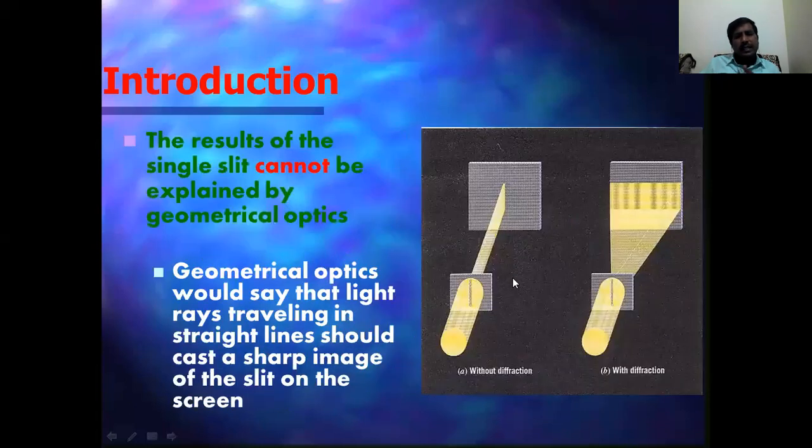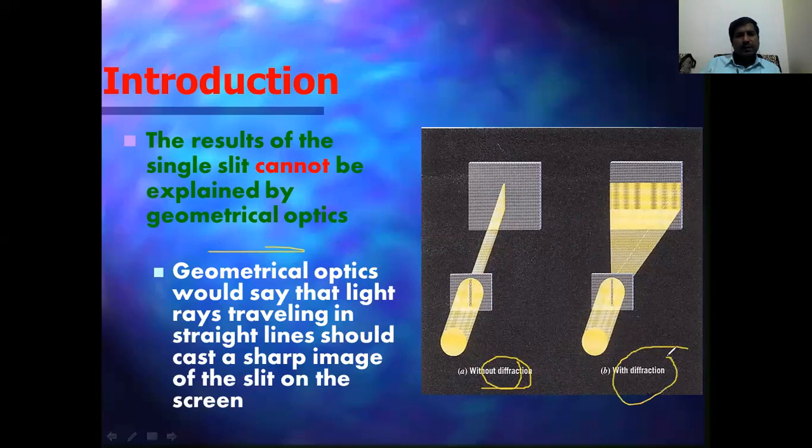You can also see here that the results of a single slit cannot be explained by geometrical optics. Without diffraction, you see it like this; with diffraction, like this.